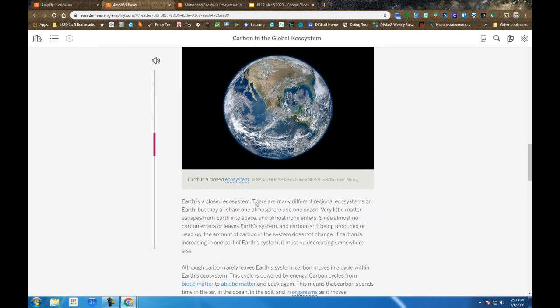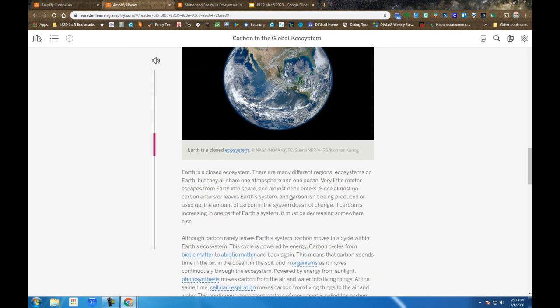And the Earth is a closed ecosystem. In other words, stuff from Earth doesn't escape out into the universe, the galaxy or the solar system, and stuff other than maybe small meteorites doesn't come to the Earth very often. Energy can come and go, but materials can't. So that carbon is in this Earth ecosystem all the time, and it's going to show up either in the soil or in the air or in the water.